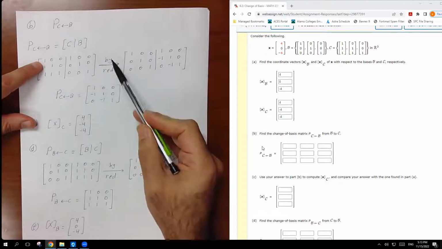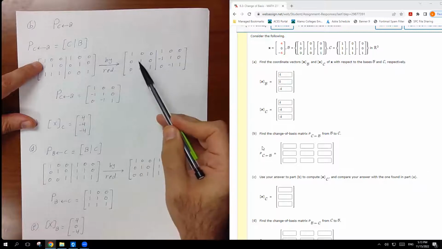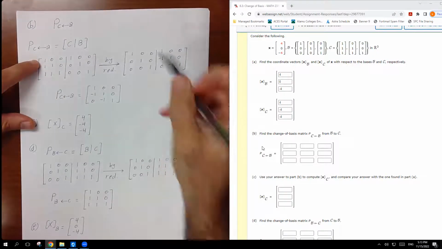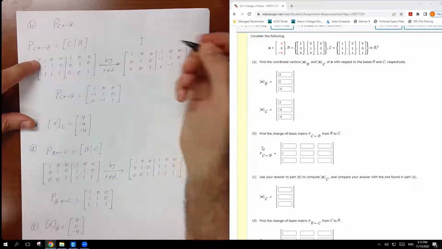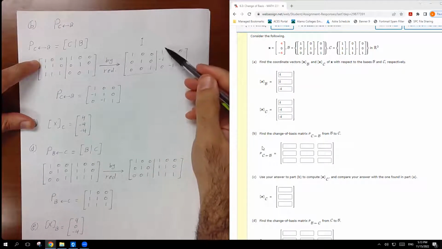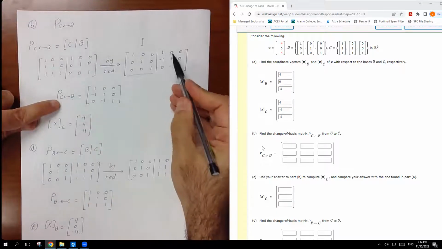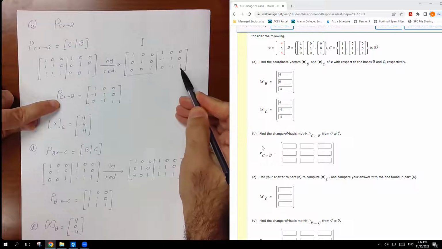By reduction, using reduced row echelon form, you're going to get this new matrix, 1, 0. Always this side is going to be the identity matrix, and the new matrix is going to be the change of base from B to C, which is 1, 0, 0, -1, 1, 0, 0, -1, and 1.